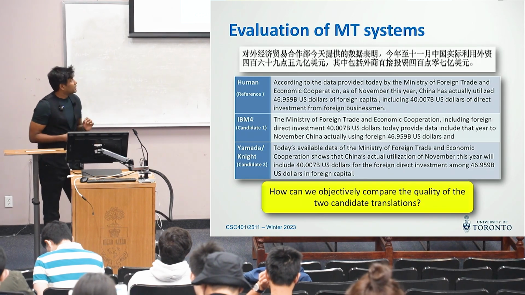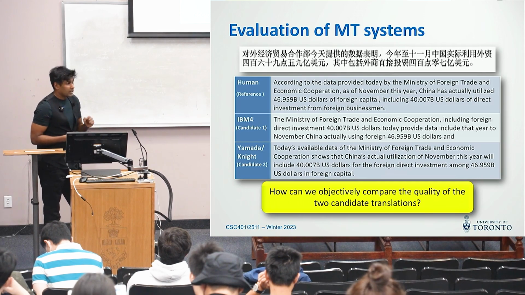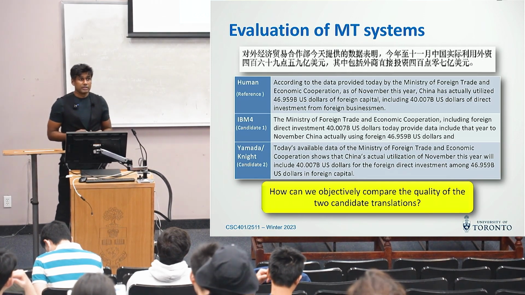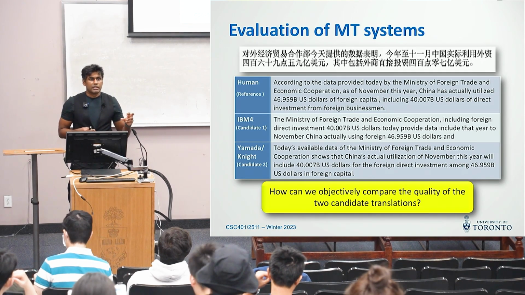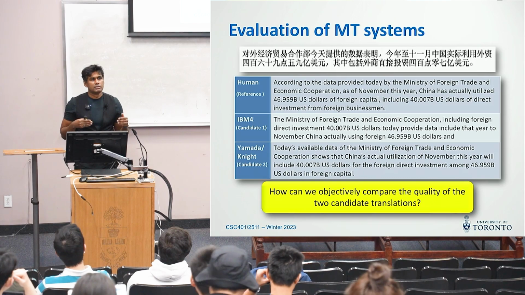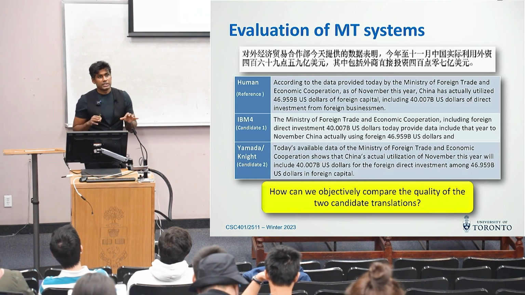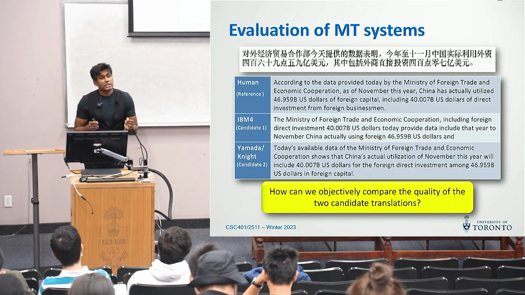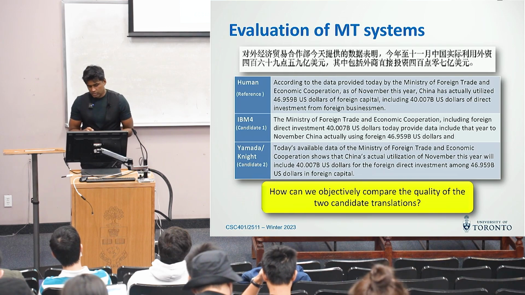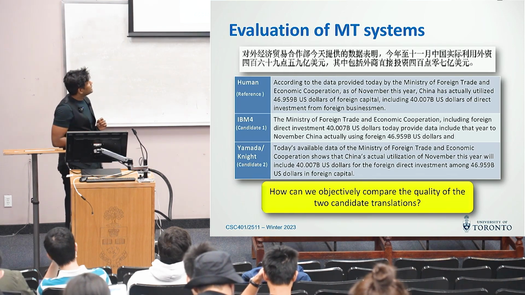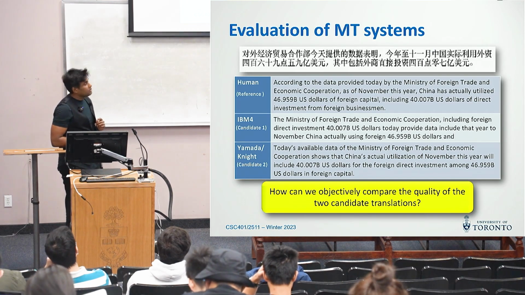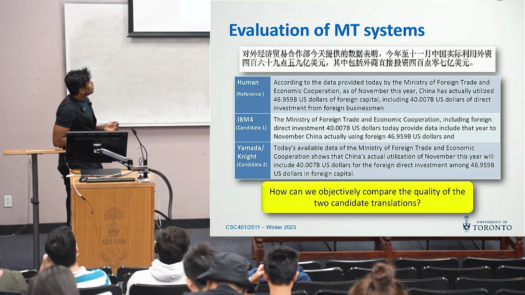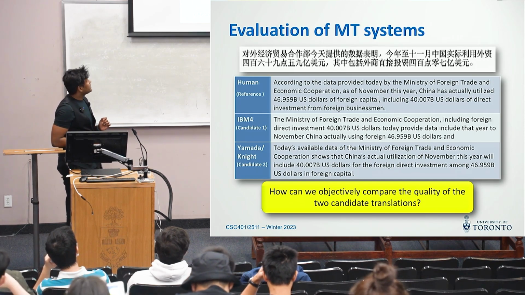Because machine translation, or language translation, is a little bit different from other objective evaluations like automatic speech recognition, because here the mapping is never one-to-one. So you can have perfectly fine translations that use completely different words, right? Here, as an example, we have a source Chinese sentence that has been translated by a human, which we call the reference, and we'll address the model translations as our candidate sentences.